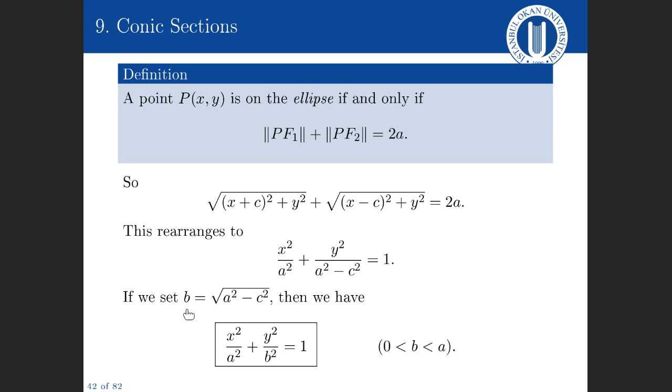Introduce a new number called b, which is equal to the square root of a squared minus c squared, and we get the standard equation x squared over a squared plus y squared over b squared is equal to 1, where it's important to note, because of the way we define b to be the square root of a squared minus c squared, b must be a smaller positive number than a.